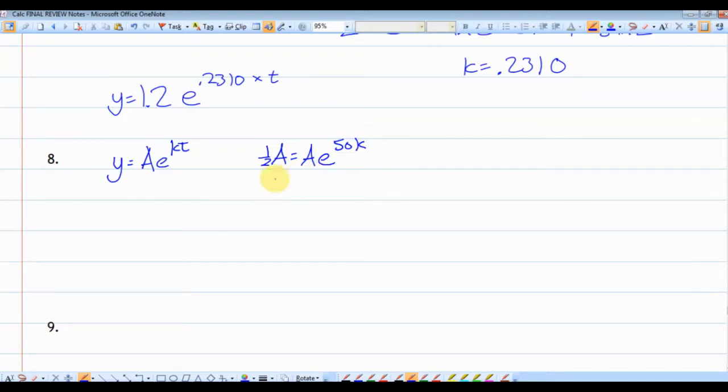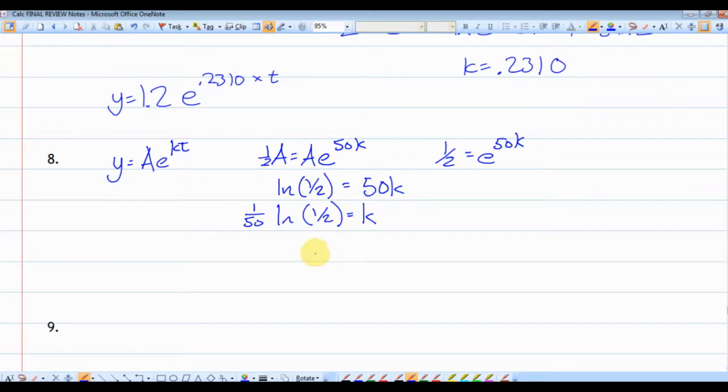That means that 1/2 is equal to e to the 50k. That means that the natural log of 1/2 is equal to 50k. That's equal to 1/50th natural log of 1/2. That's going to be my k.